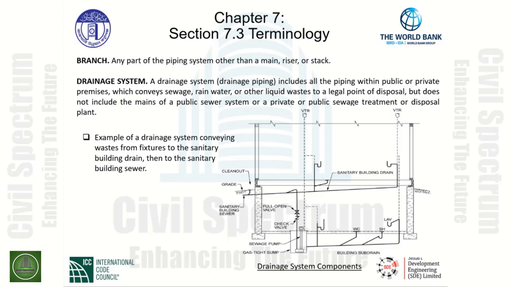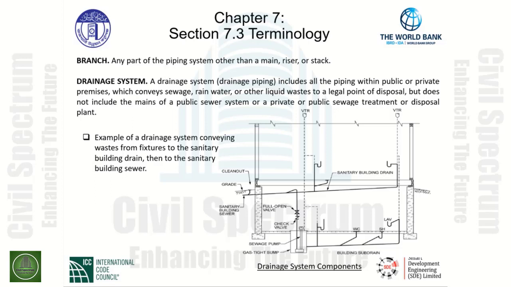We have a drawing indicating a drainage system and components. The example of drainage system conveying waste from fixtures to the sanitary building drain, then to the sanitary building sewer. Looking at the drawing, we can observe the sanitary building drain within the building below the second floor level.